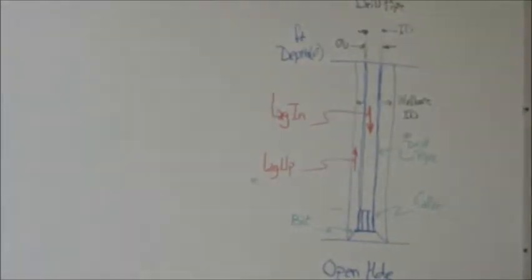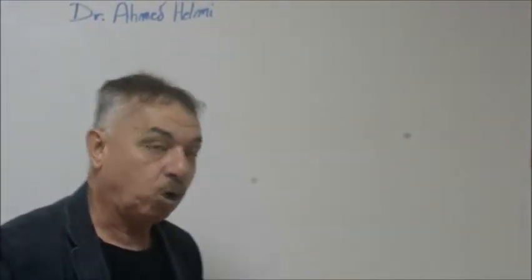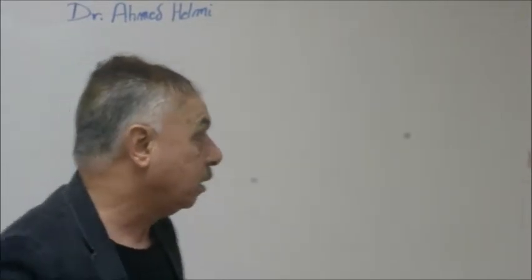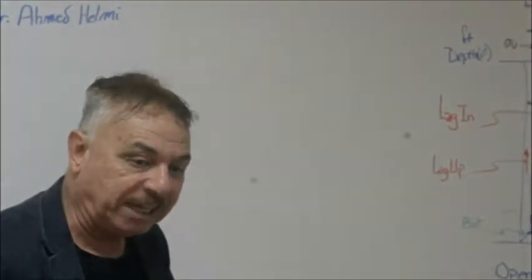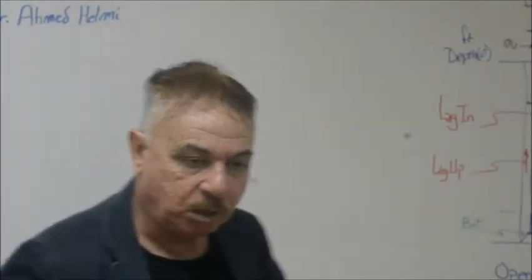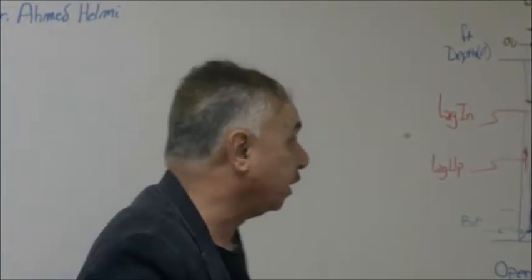Why do we have to calculate lag time during drilling an oil or gas well? The geologist needs to know the exact time, and consequently the exact depth, from which the cuttings came.